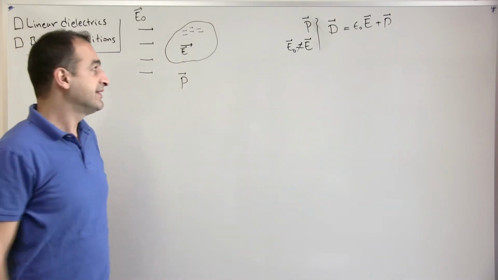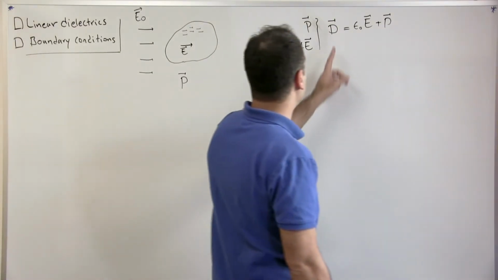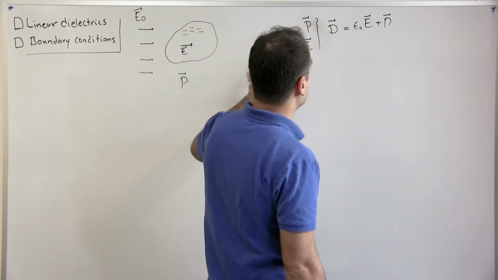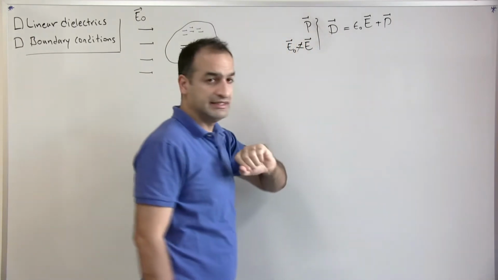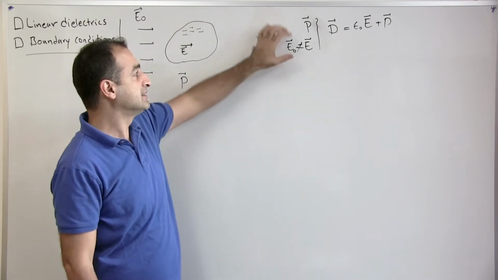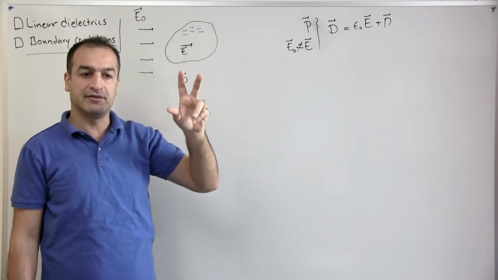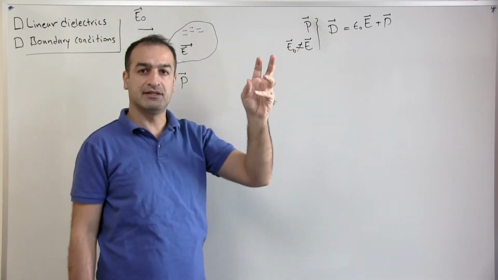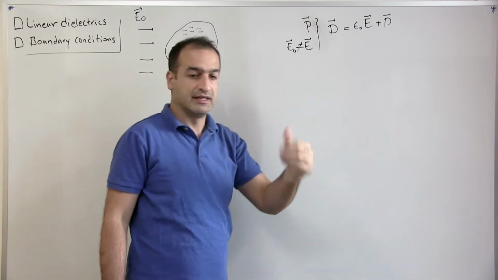In the presence of dielectric material, it's hard to directly go from a charge distribution and calculate E, because any electric field is a result of two combined contributions. One is the polarization, one is the electric field from outside.